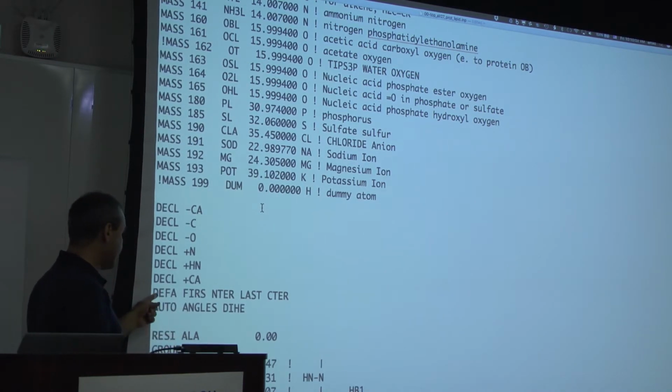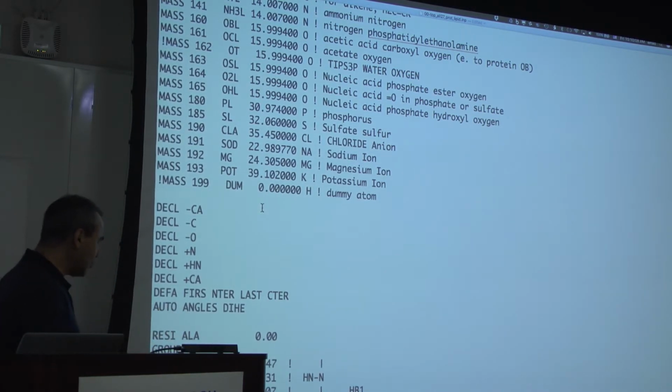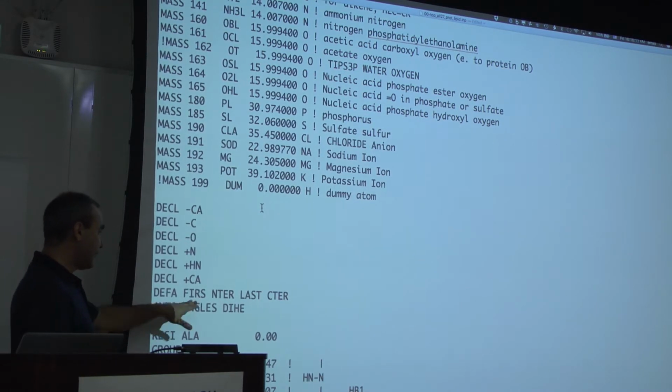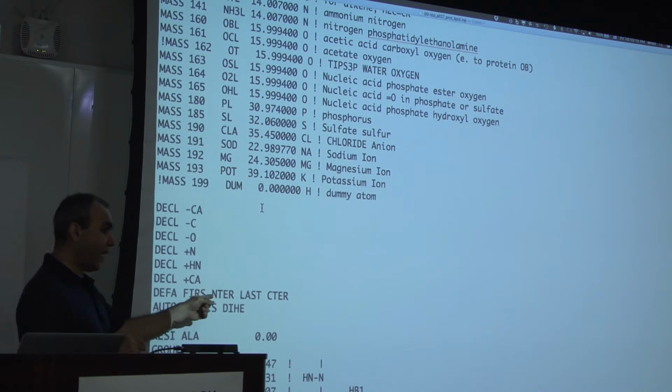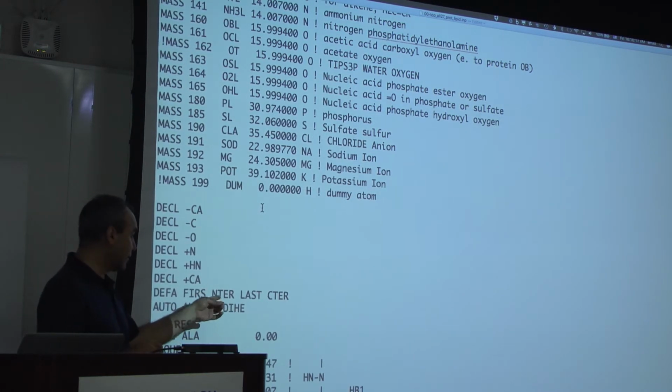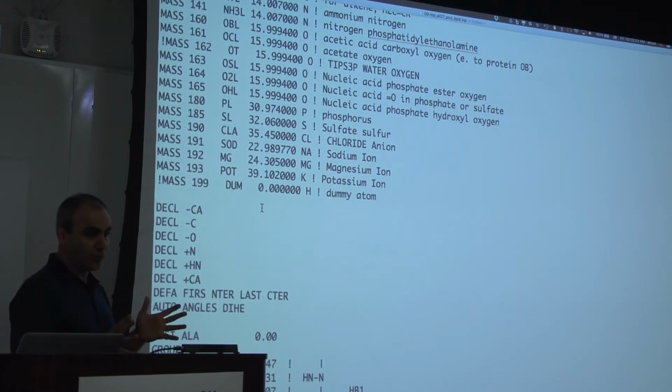Then we make some rules. By default, the first residue in your segment is going to be patched, and we will talk about these patches shortly. It will be patched by something called NTER, short form for N-terminus, because again, everything was assumed to be a protein initially. They wanted to simulate a protein.